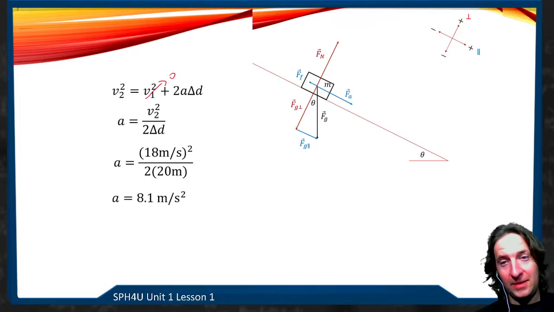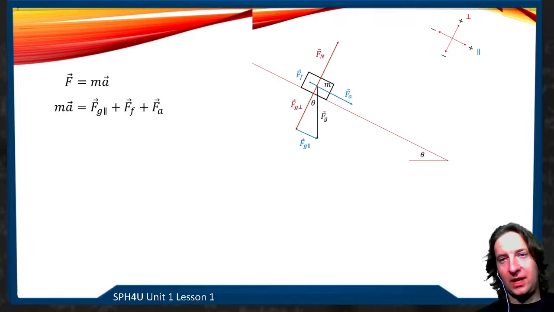And now once I have my number, I can then go to my F equals ma problem here. So again, we always start these problems with F equals ma, and then I rewrite it as what is my net force. So in this case, my net force is going to be whatever the blue vectors are. Again, we have our force of gravity pulling us down. We have our force of friction opposing that.